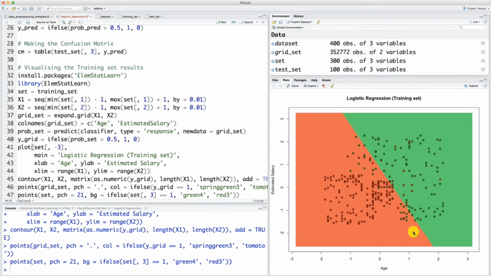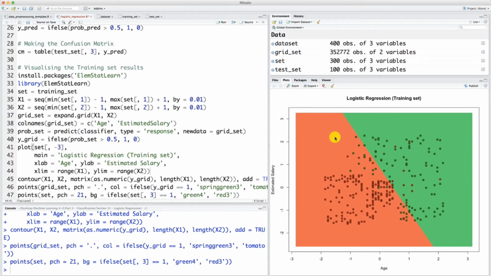But here in 2 dimensions, it's a straight line, and it will always be a straight line if your classifier is a linear classifier. But you will see later that when we build non-linear classifiers, the prediction boundary separator won't be a straight line anymore. I won't tell you more right now, and I will let you wait for the surprise.